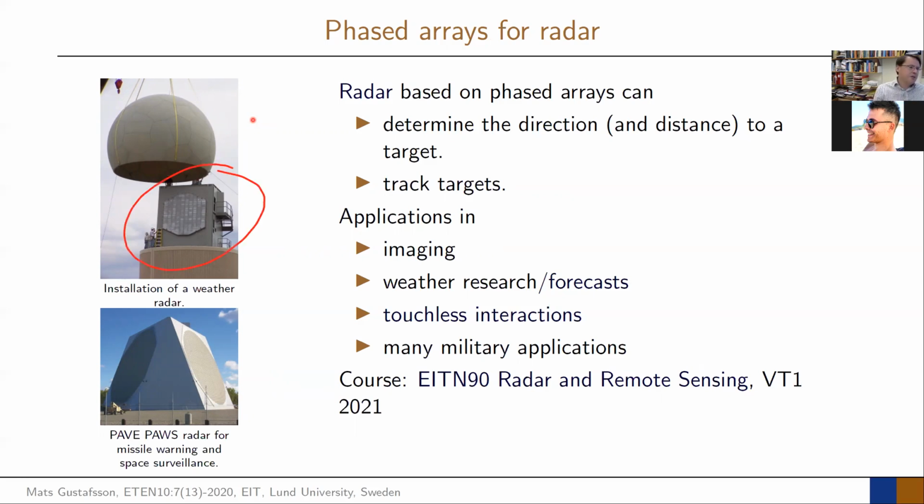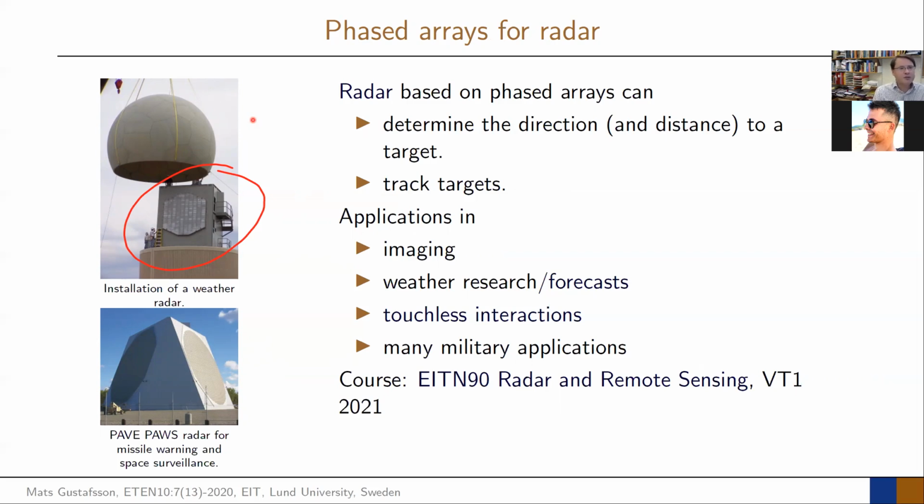If you are looking at whether it is raining in Lund or Malmö, if you want to go out biking, for example, you can go to the Danish weather service and they can show you where all the rain is over Skåne. And you can see right now it's raining between Malmö and Lund, which means I don't go biking home, for example. And you can have that with an array antenna.